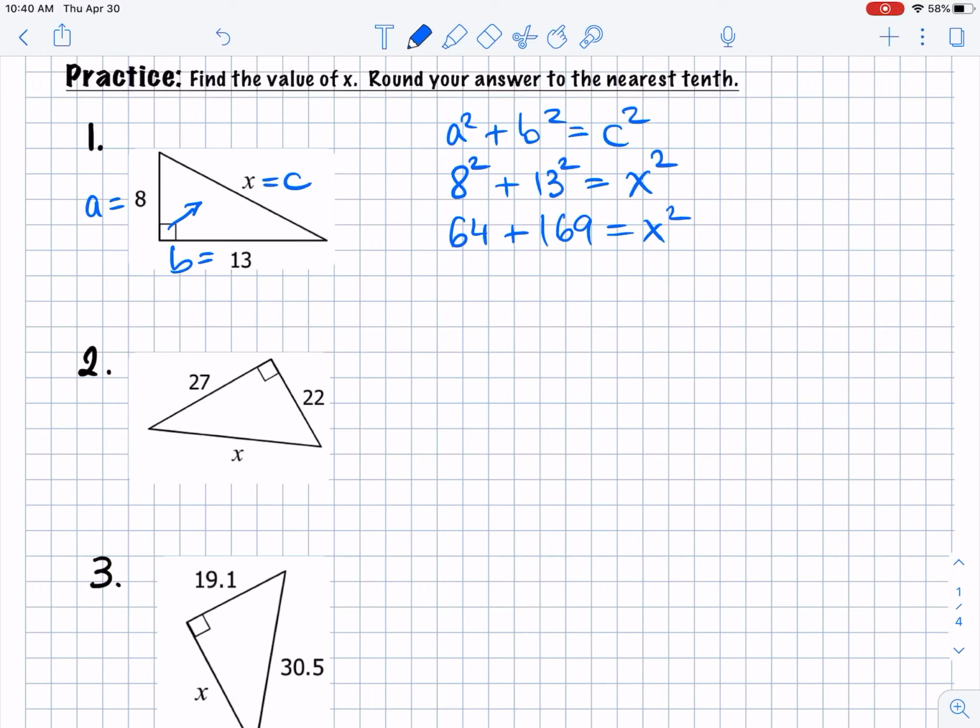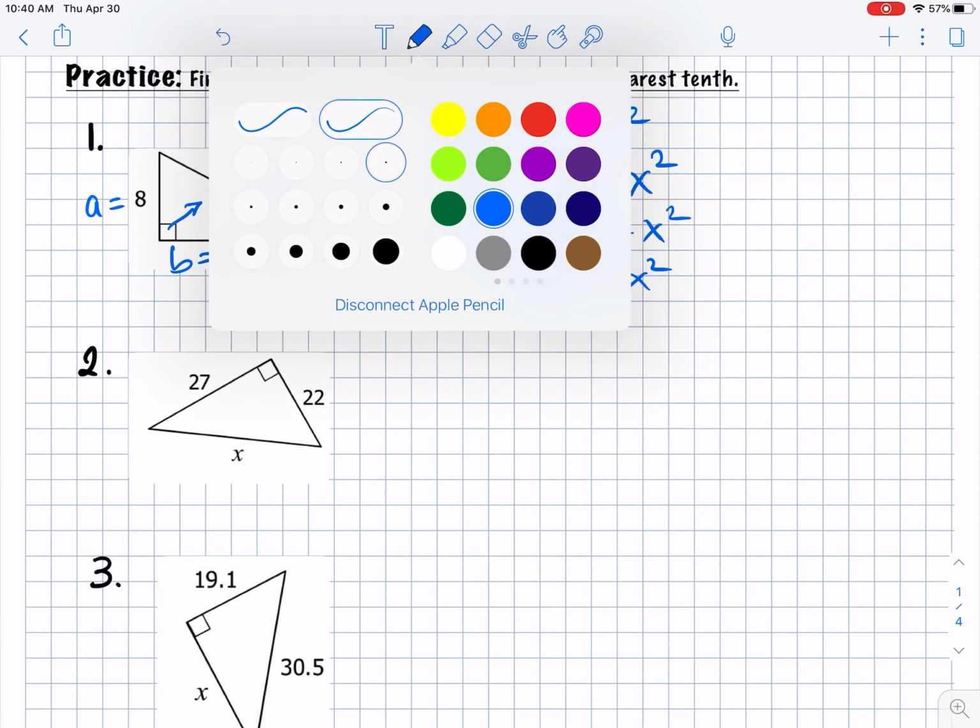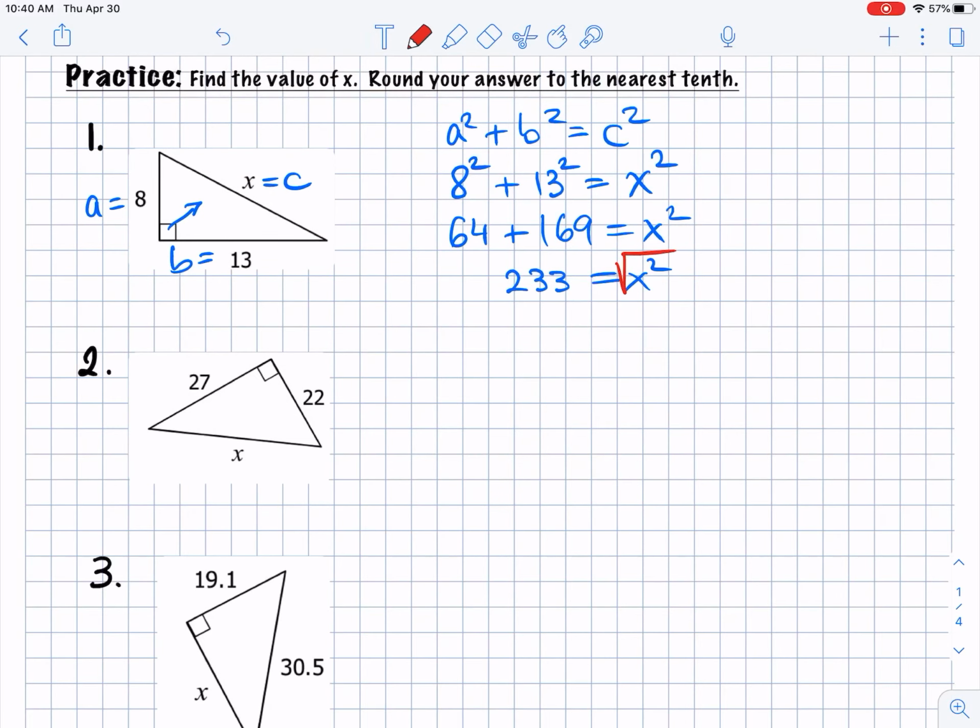Now if we add them together, that is 233 equals x squared. How do we get rid of a square? We take the square root of both sides. That will cancel my square here. And the square root of 233 is equal to 15.3 if we round to the nearest tenth.